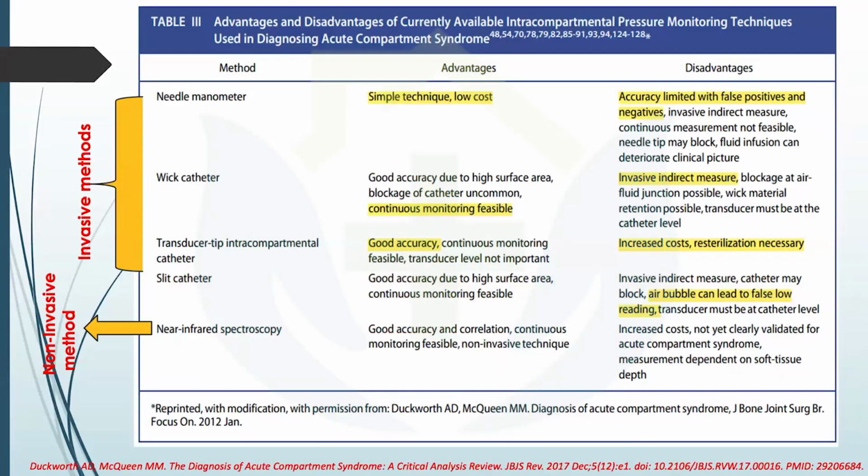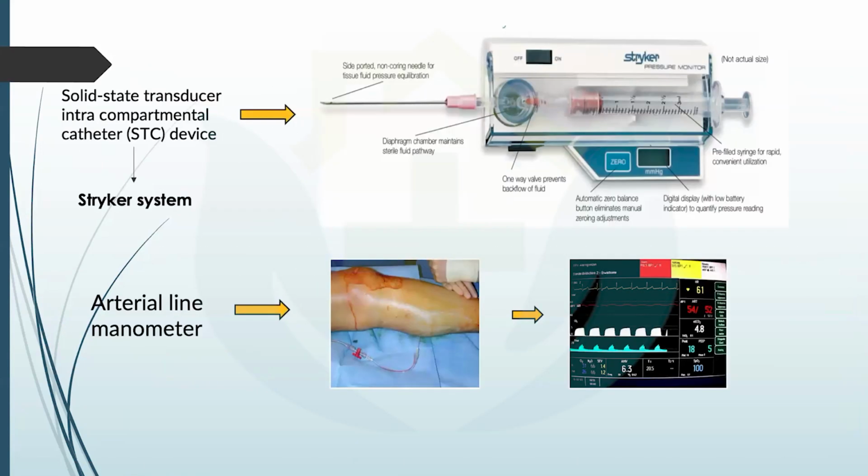How will you measure the compartment pressure? You can measure based on various techniques like a needle manometer, Wick's catheter. These are all simple devices where one catheter is put inside the compartment. That could be a leg or it could be your forearm, generally within 5 centimeters of the area of the fracture, not beyond that.